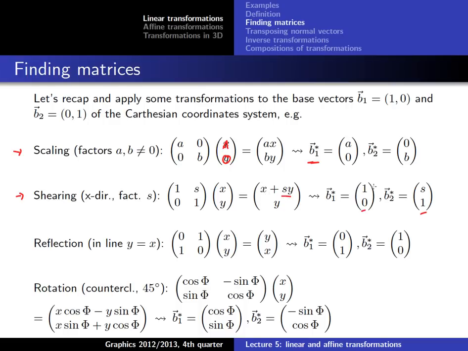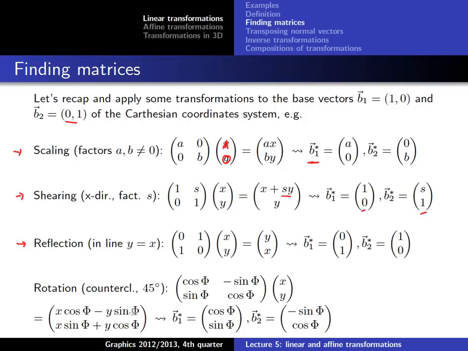But the other component changes, because here we have x equal to 0, but we add a 1 times s to it, and that means we have s1 here. For the reflection, we said already that it basically just swaps the x and the y coordinates, so obviously these are the two solutions to it.